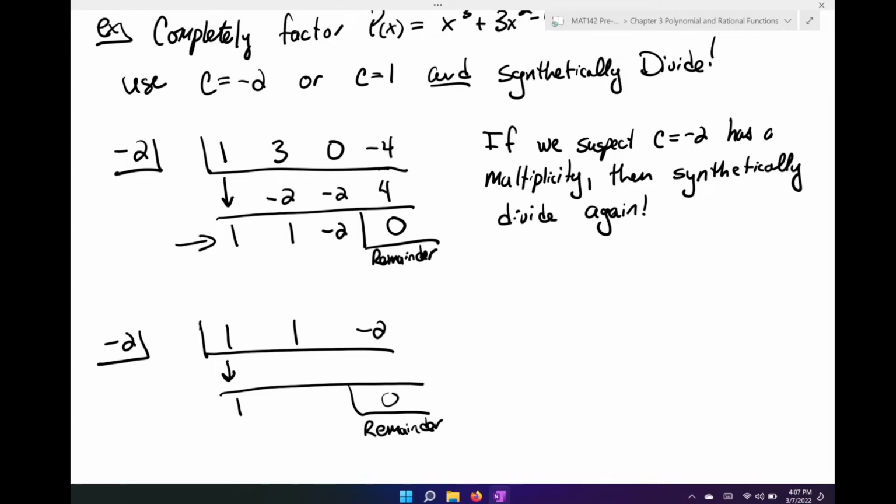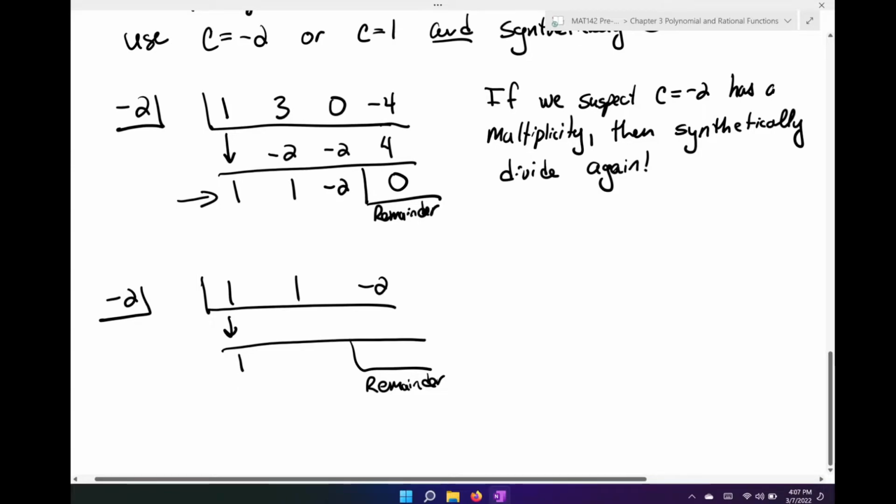If our remainder is anything other than 0, it's not a multiplicity. So let's synthetically divide. Negative 2 times 1 is negative 2. 1 plus negative 2 is negative 1. Negative 2 times negative 1 is positive 2.